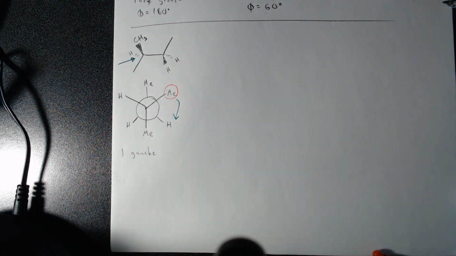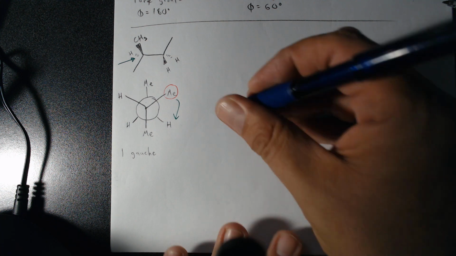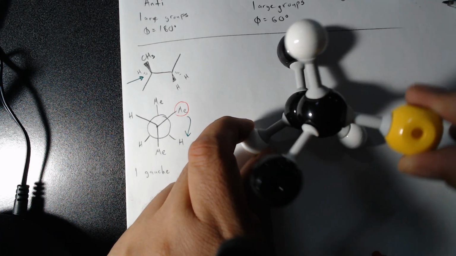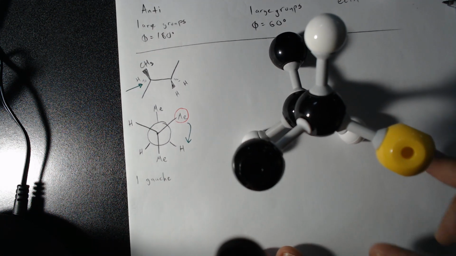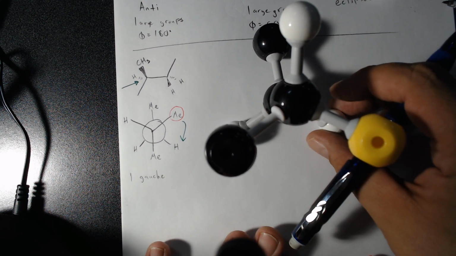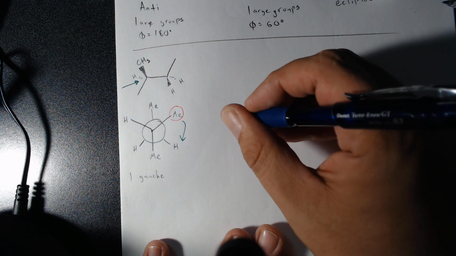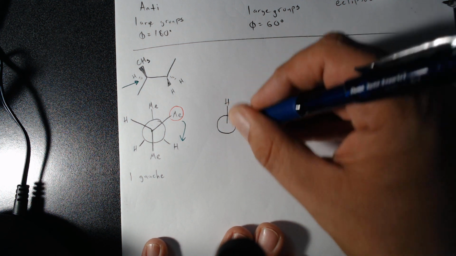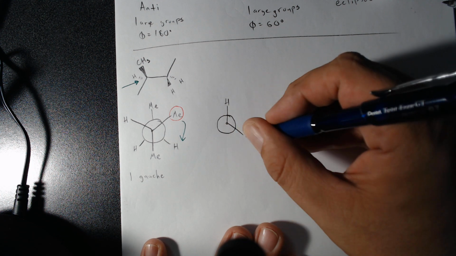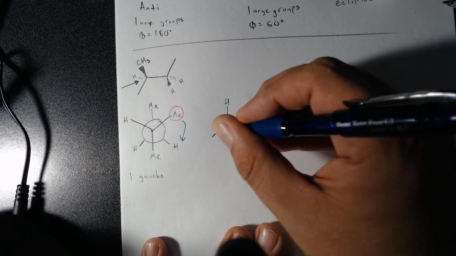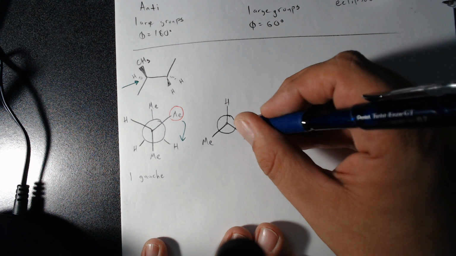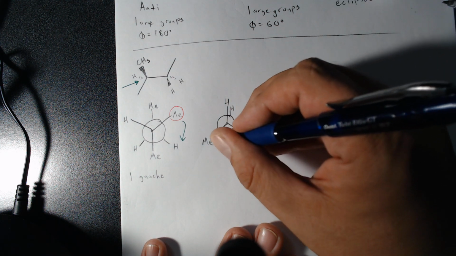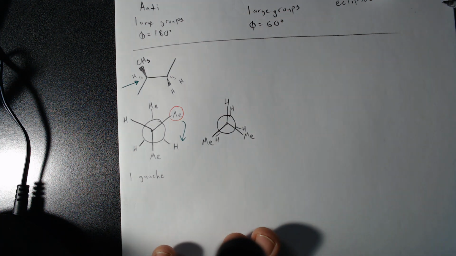Okay, that. So essentially here we're like that, and we are doing that. So it looks like now both methyl groups are going to be downward. Like that.